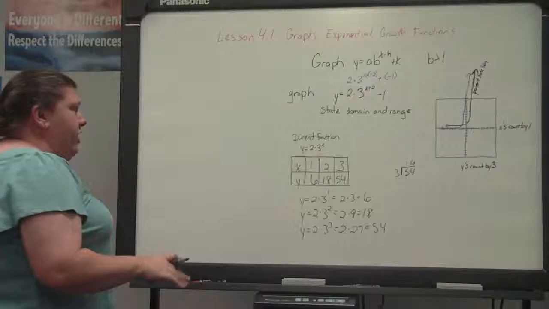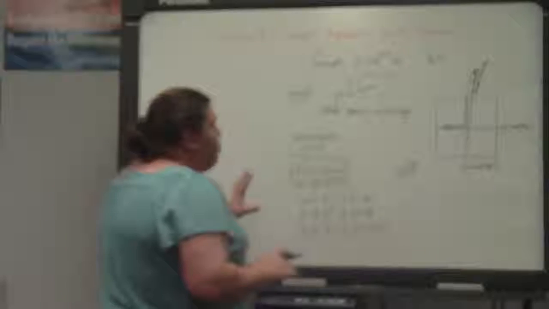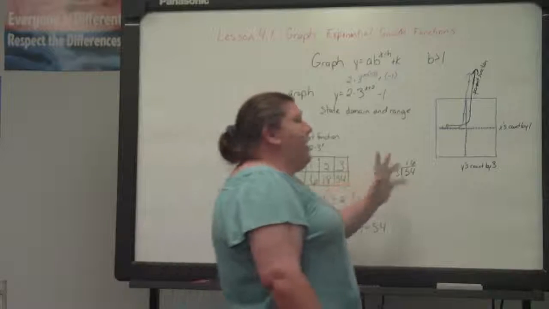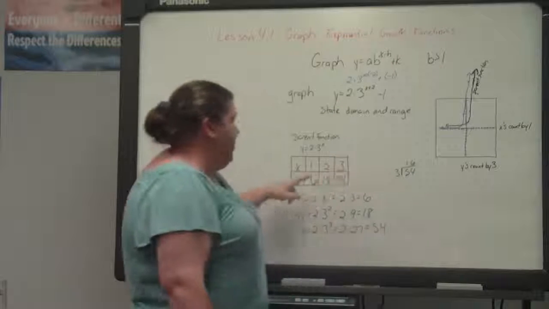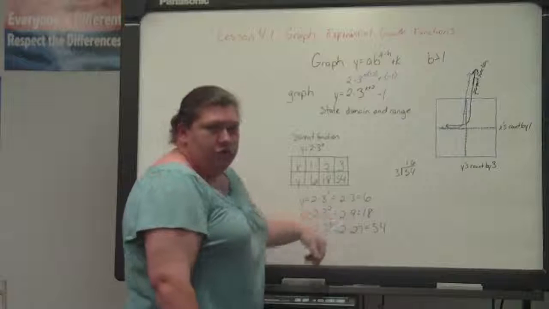So you can choose to graph this by using only the parent function and then changing it by your h and your k, which is what I just did. Or you can put it in your calculator. This will get you a really good answer without any problems. You just have to remember that you have to do the powers.